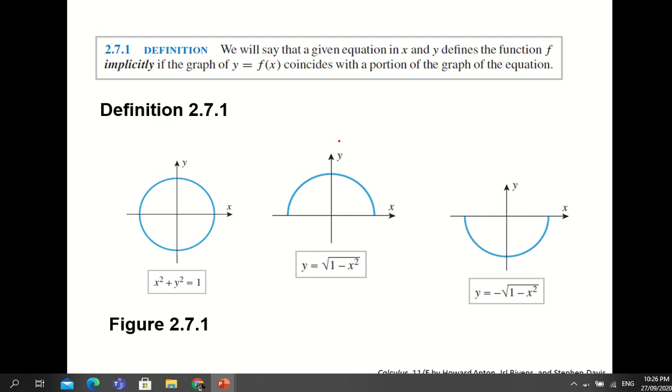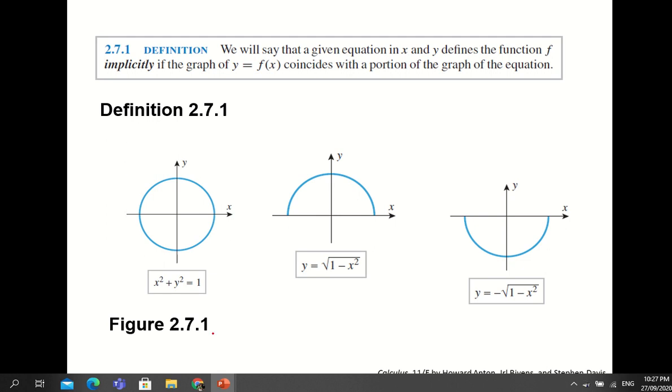In that scenario, if you're asked to find the derivative, the only way to do it is implicitly. So there are implicit functions, and we have another way of finding the derivative of that kind of function. Later on, I will give you another video for that. For now, this is just to give you some idea of what implicit functions are.